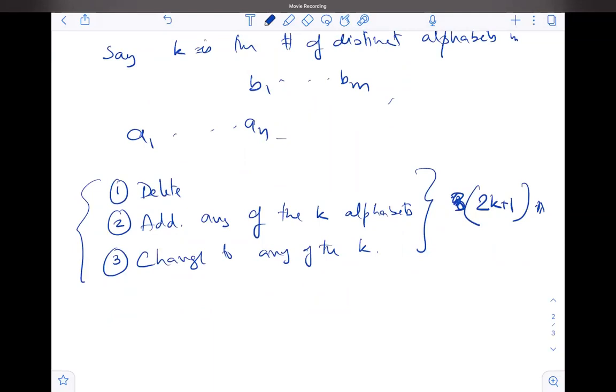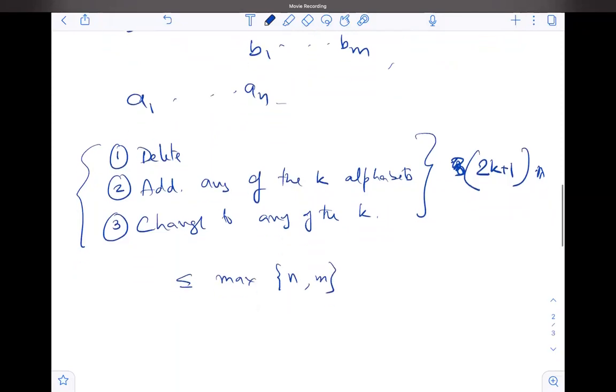All the possible sets of edits that can happen, but the number of edits is less than max of n and m. So how many possible things are there? It is (2k plus 1) times m, whole to the power m.